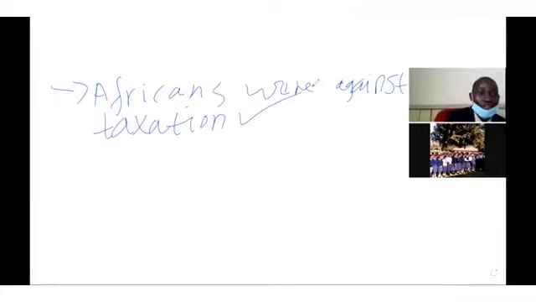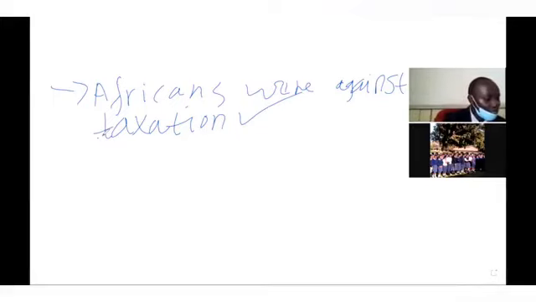So be careful on the question asking about reasons why some Africans like the Maji resisted, others collaborated. Give a point which is complete. Don't just give a point, forced labor. Say Africans were against forced labor, because they did not want forced labor.